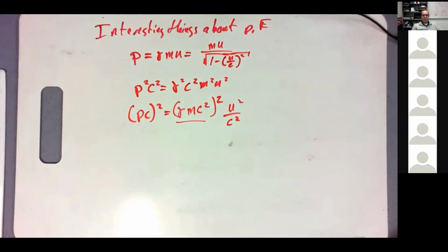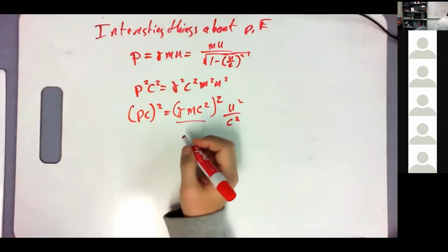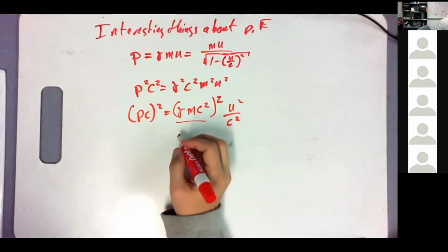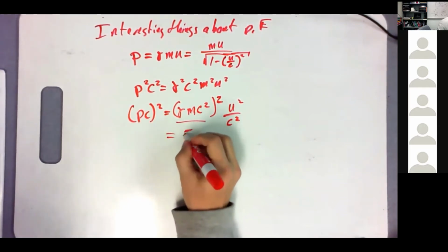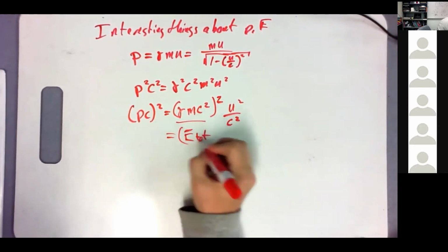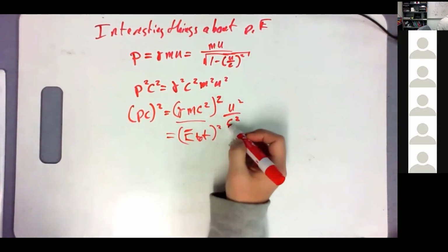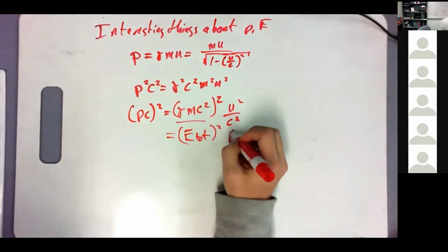Total energy. It was the total energy. We defined gamma mc squared to be the total energy of our particle, right? This is E total squared. And what is u squared over c squared? That's just beta squared.